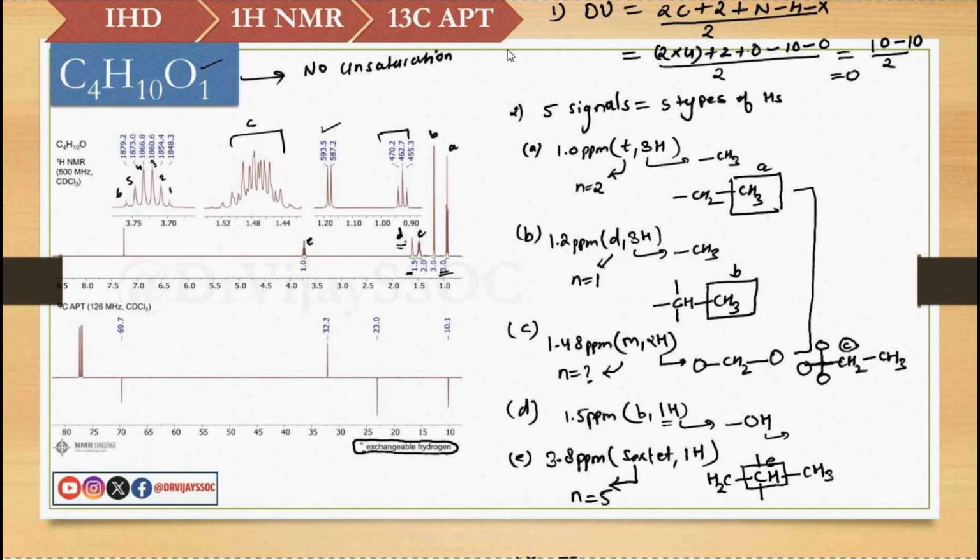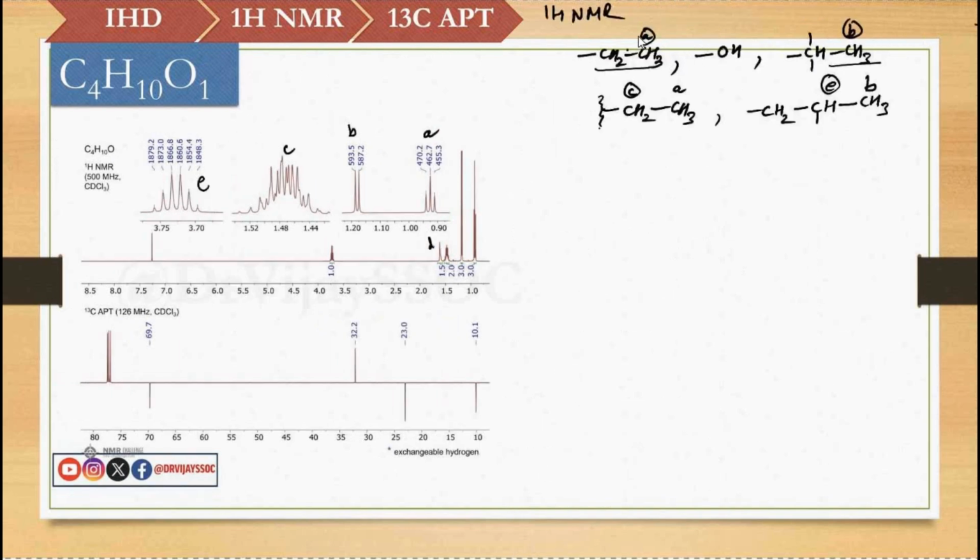So let's combine all this information which we are getting from 1H NMR. So here is this information. The A type of proton is connected to this CH2. There is one hydroxy, and this B type of proton is connected to this CH. And this C proton is connected to A, and this E proton is connected to the B. So there is some common information, and we have to remove those common pieces, or we can say we have to combine them to bring it to one level.